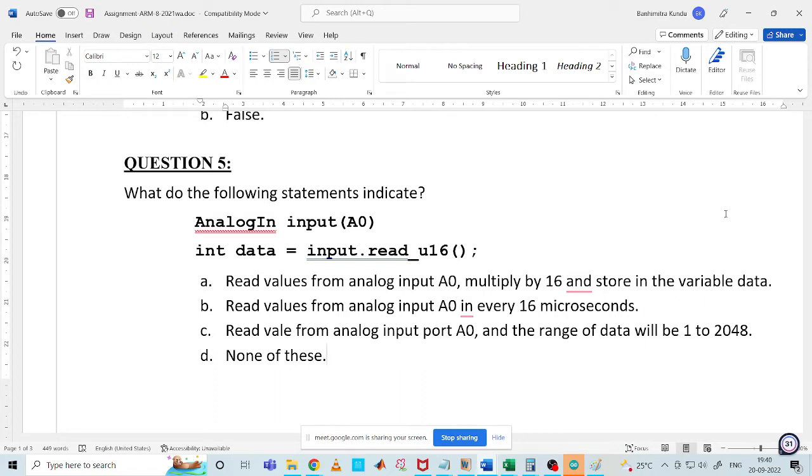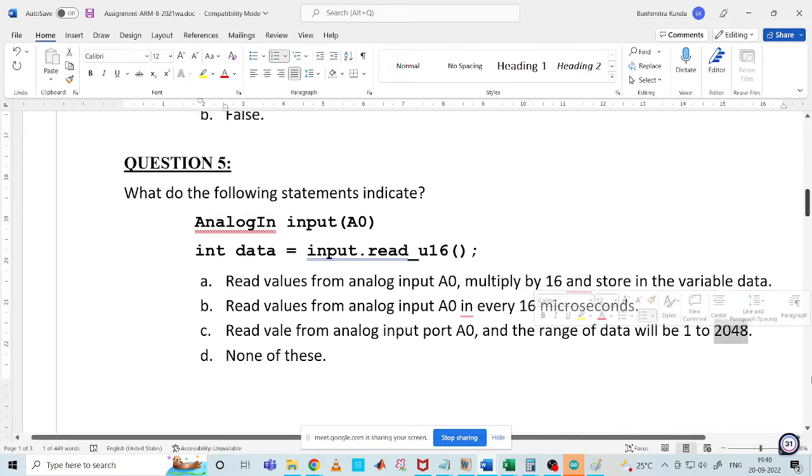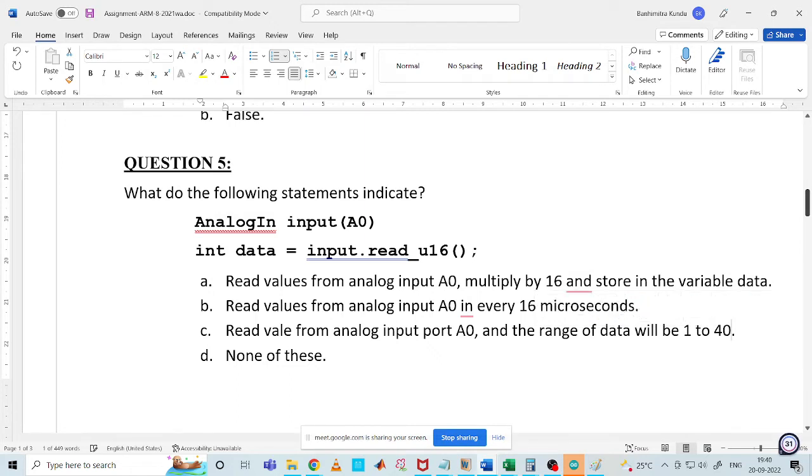Now you revisit whether 12-bit is 2048. Read values from analog input port A0 and the range will be 1 to 2048, if it is 12-bit. But 12-bit is 4096, right? Correct. So that's why I'm saying this kind of question might come. You might get a value here 1 to 2048, but then you have to see how much that value is. 12-bit is 4096. So keep all these things in mind while answering. That's all.